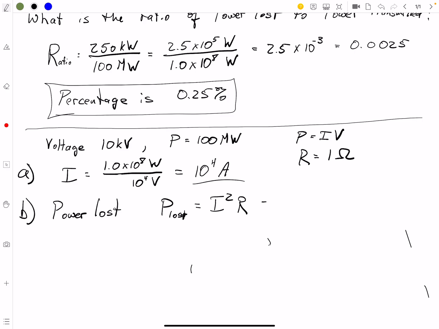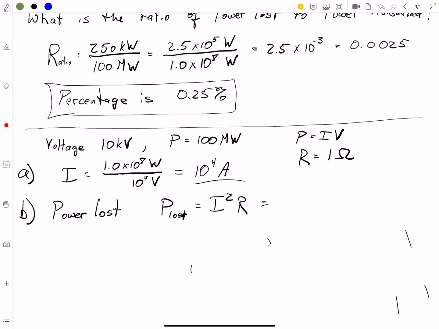So what's our power lost at this point? Well, it's 1 ohm times 10 to the 4 amps, and that's a watt. Oh, no, it isn't. Okay. We got to square 10 to the 4.